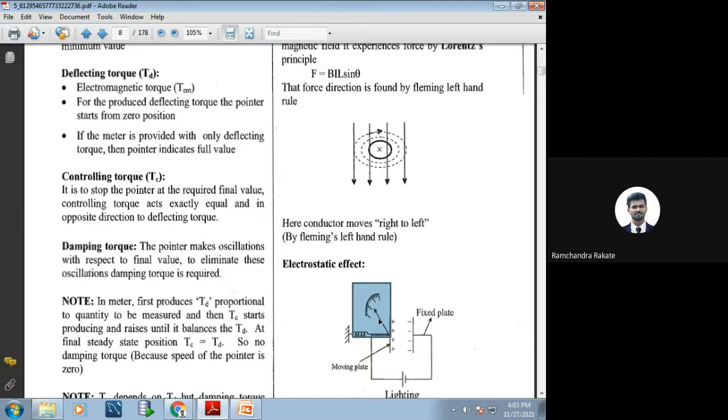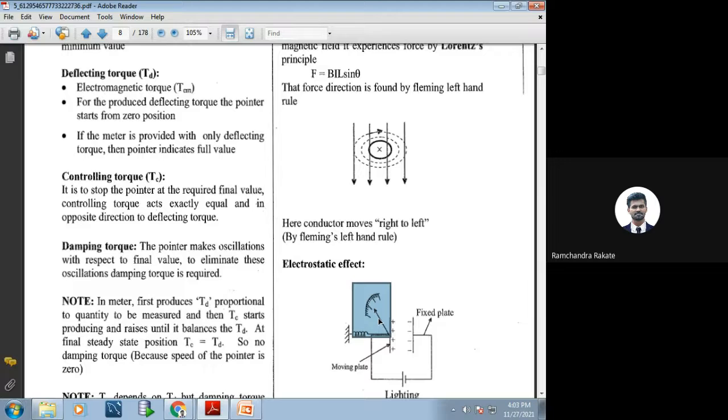Okay, but what will happen if such a condition arises when the pointer does not return to the zero position on removing the deflecting torque? If there is a certain condition where your pointer is not getting back to the null position even though we have removed the deflecting torque, in that case, as I said, we need to provide a certain mechanism.